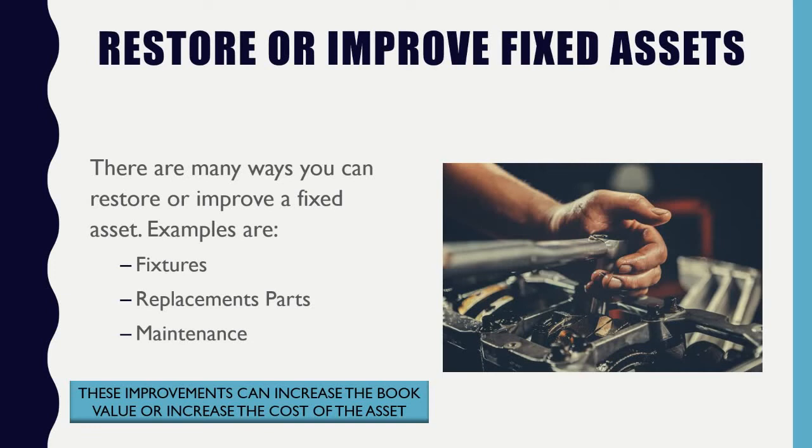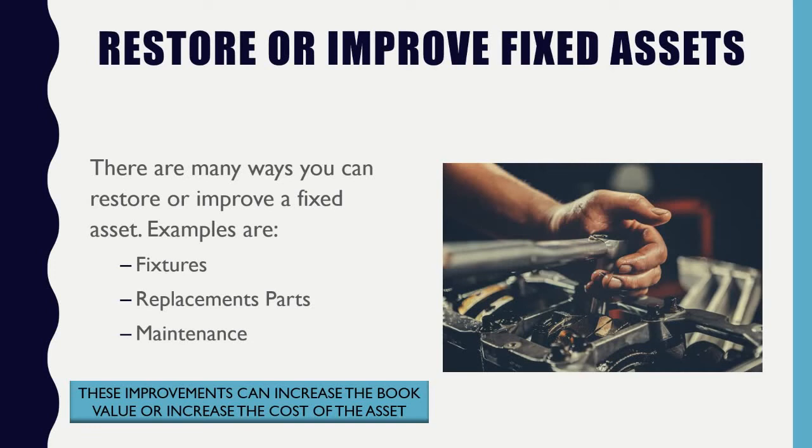Okay? Or do some maintenance on it, right? So as usually appliances go, right? If you take care of the machine and you do its routine where you replace a few parts and things like that, you're adding either two things. You're either adding the cost to it and extending the life of the fixed asset.